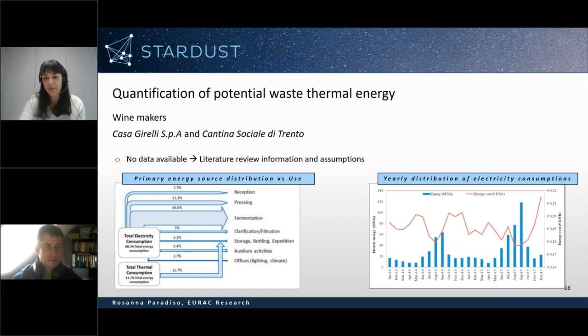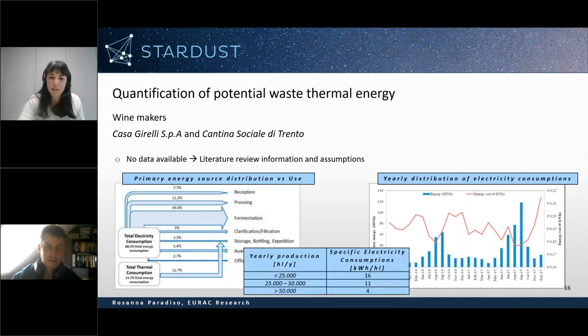So the fermentation is in this period, but there is also an electricity consumption due to cooling the store of the winemaker site.